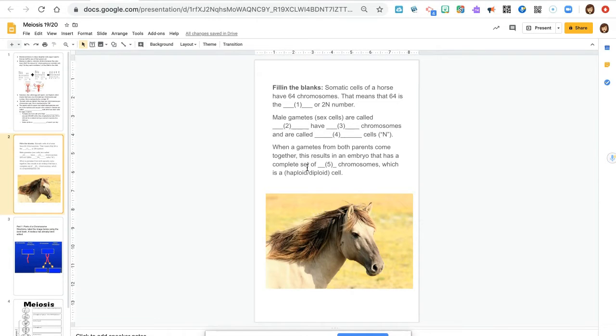All right, and then down here, when a gamete from both parents comes together, this results in an embryo that has a complete set of blank chromosomes, which is a blank cell, diploid or haploid, just delete the one that's wrong. Pausing so you can go back and read your answers.